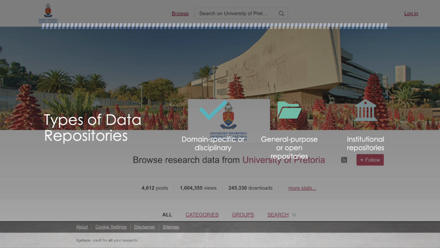The next category is general purpose or open repositories. These allow for researchers to make their data available regardless of the institution that they are affiliated with. The last category that we'll look at is institutional repositories. These are associated with the researcher's place of study.